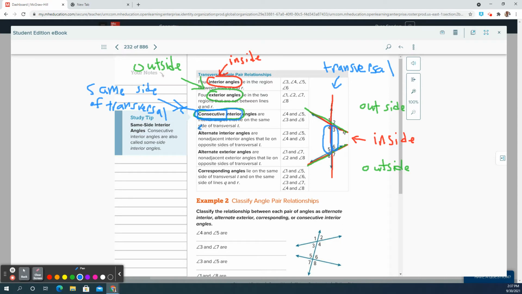Alternate interior. There's our interior. We're talking about the inside. And now we're talking about alternate. If consecutive means same side of the transversal, alternate means jump over.